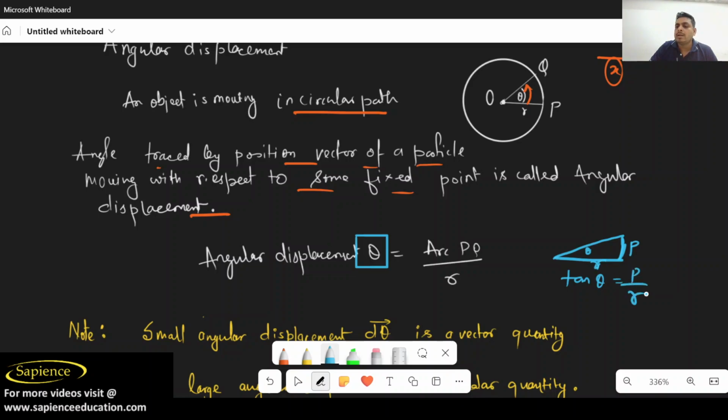So perpendicular by radius, and actually the perpendicular is the arc PQ. For a small angle, we can take arc PQ divided by r. That's why theta is equal to the length of the arc by r. This is your angular displacement, and it is similar to displacement but is in the form of an angle.